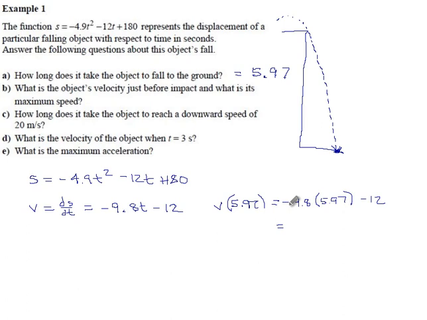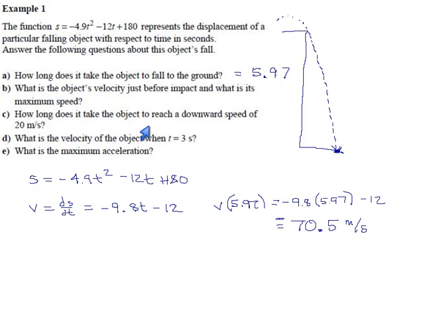Calculator happens again. 9.8 times 5.97, and then another 12, 70.5. 70.5 meters per second is how fast we're dropping. And it should be negative technically because we normally use positive for upward and negative for downward, and this object is falling. It's definitely got a downward velocity.